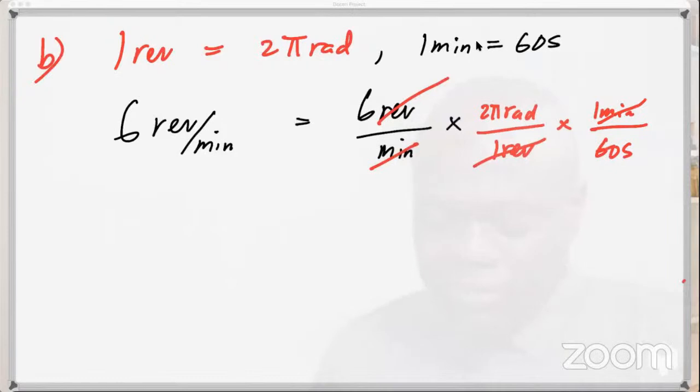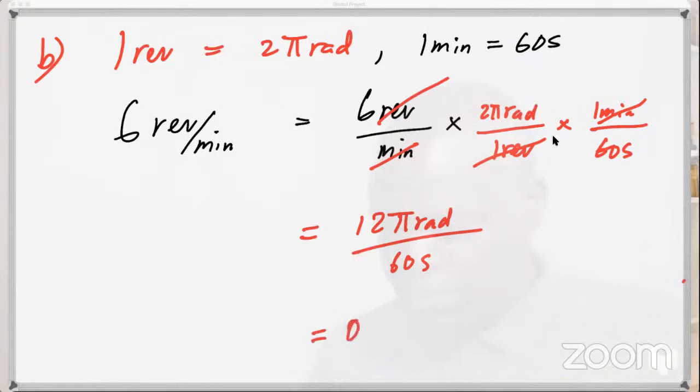And once you simplify, 6 times 2 pi is 12 pi. And then divide by 60 seconds. So you can simplify that. What is 12 pi divided by 60? 0.6.